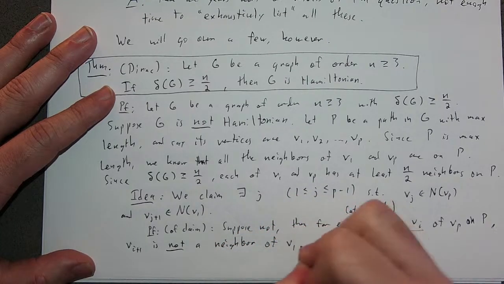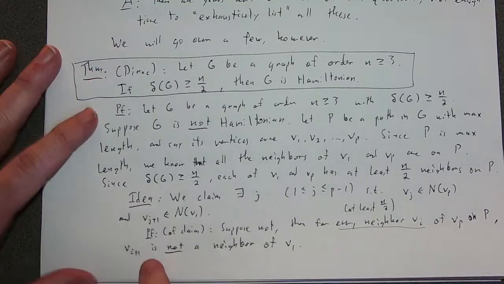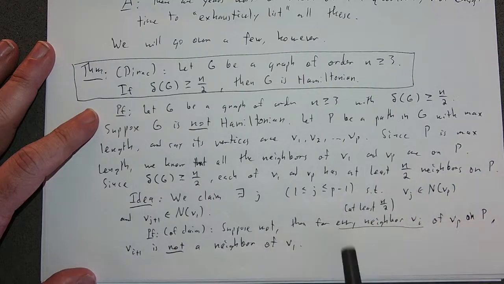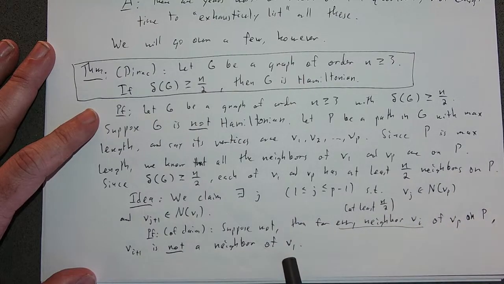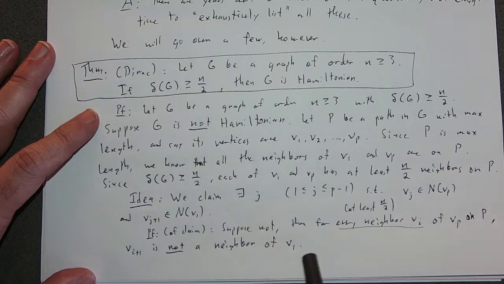Now, if you're confused about why this implies that it's not a neighbor, well, if you couldn't do this, if basically there was a v sub i for which v sub i plus 1 was a neighbor of v sub 1, then that's saying that there is a j. In that case, it would be i.